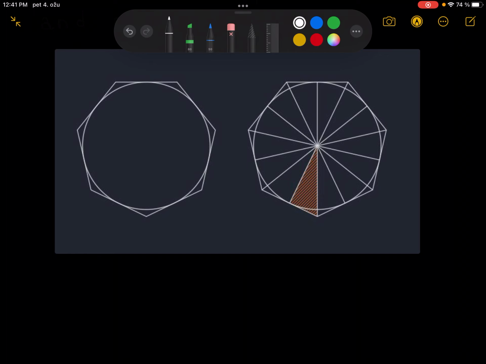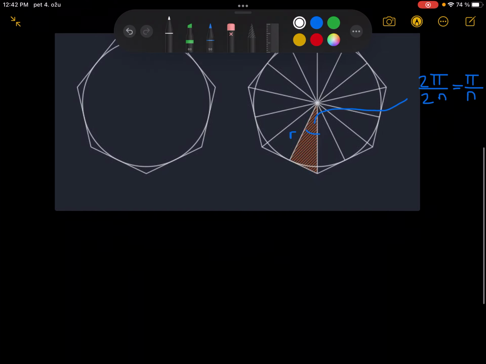Okay, and for each of these triangles we know that one of its sides is r, and we also know that this angle right here must be equal to 2 pi over the number of these triangles, which is 2n. So that's 2 pi over 2n, and that's simply the same as pi over n.